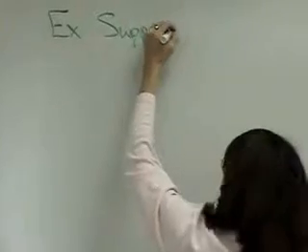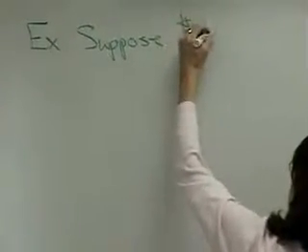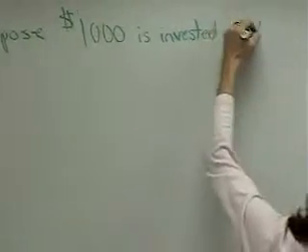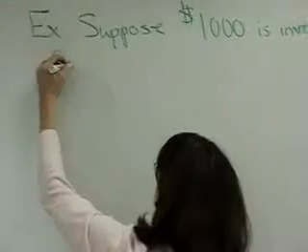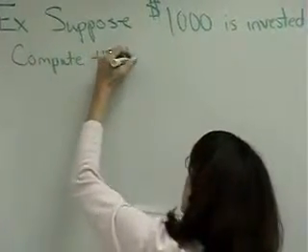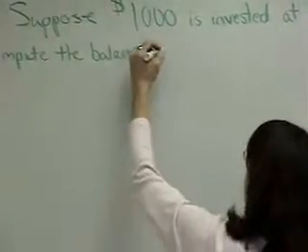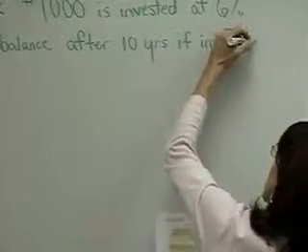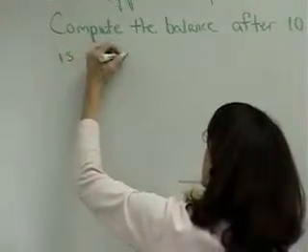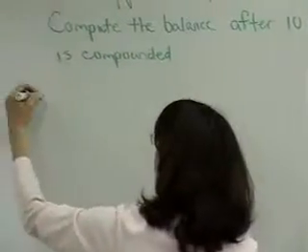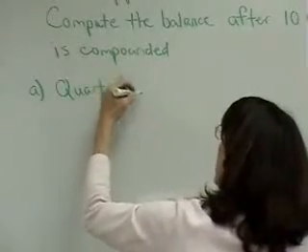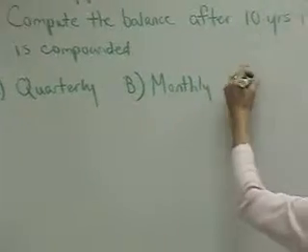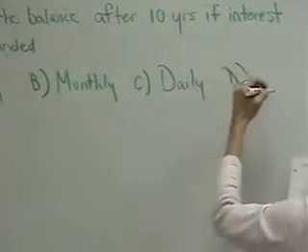Suppose $1,000 is invested at 6%. Compute the balance after 10 years if interest is compounded A, quarterly, B, monthly, C, daily, and D, continuously.